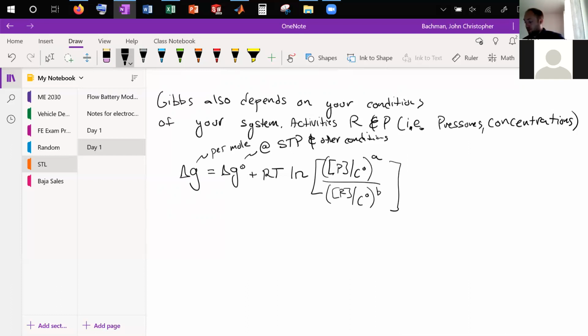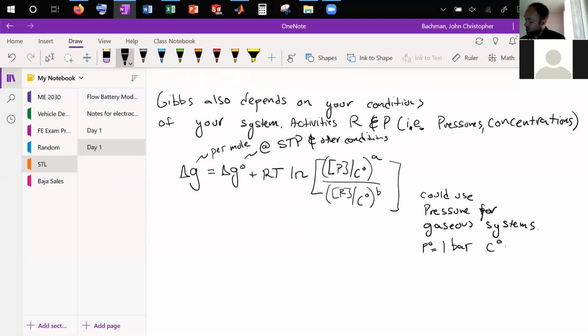But let's say you're doing a system that wasn't a dissolved system or a liquid-based system, it was gaseous, then you'd use pressure for gaseous systems. And so you'll see that. Standard conditions for pressures is 1 bar.